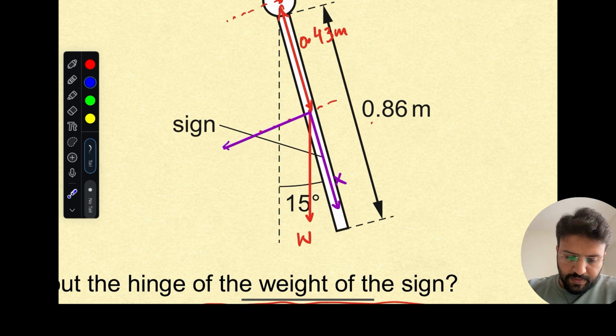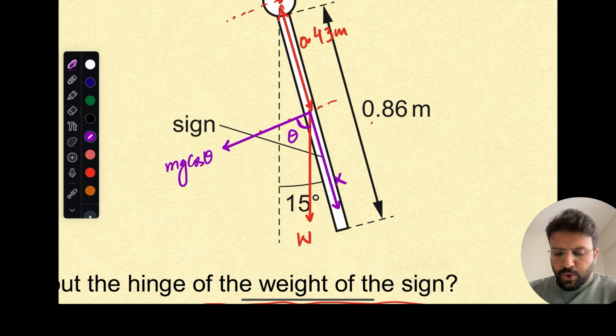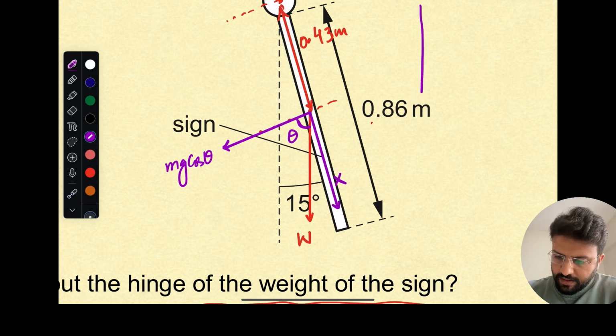If this is the weight and this is the angle theta, this will be mg cos theta. The most common mistake is that students consider this theta as 15 degrees. That is wrong. Why is that wrong? If you look at this, it is making a triangle. Let's draw it here.